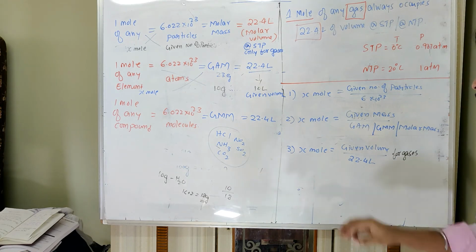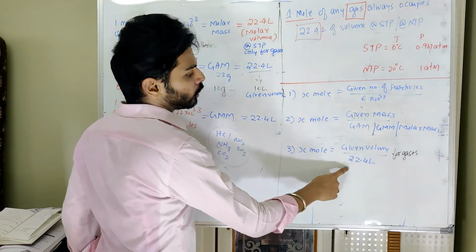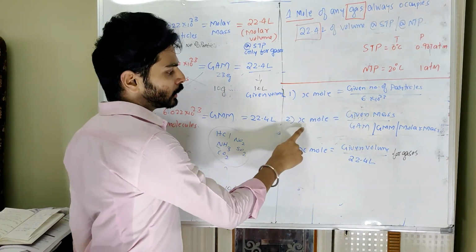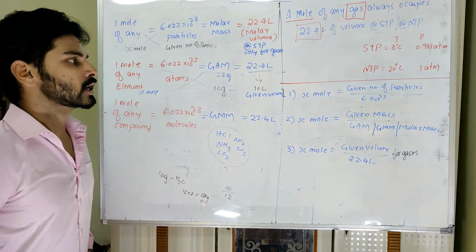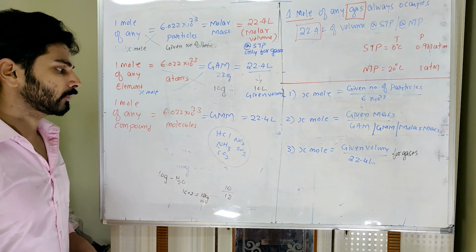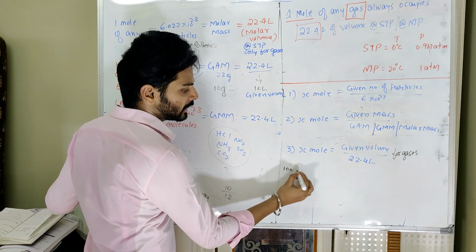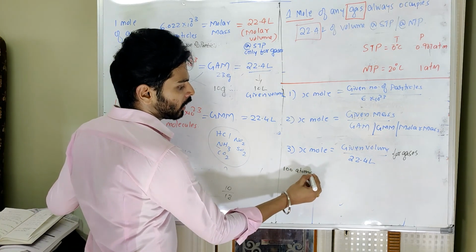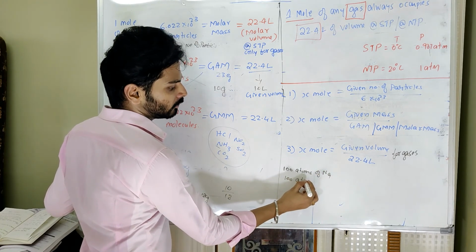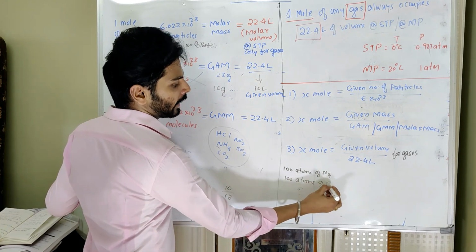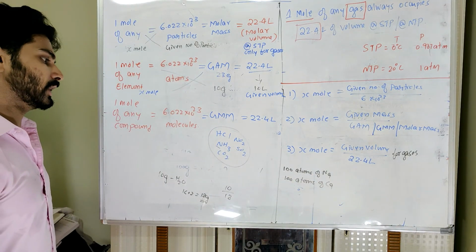Now remember, in the case of equation 1 and equation 3, the denominator is not going to change. But in the case of equation number 2, the denominator changes from substance to substance. Where it is helpful: if I say 100 atoms of sodium, or 100 atoms of calcium, in terms of mole it does not change.